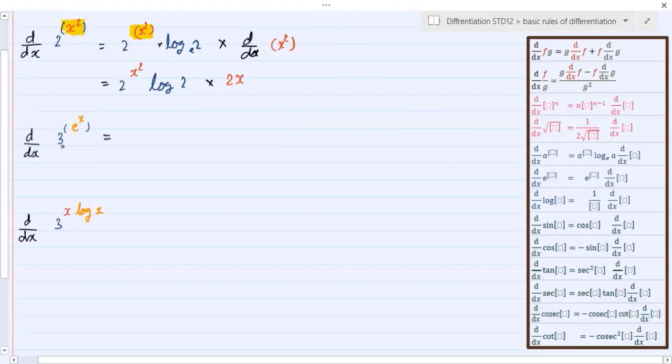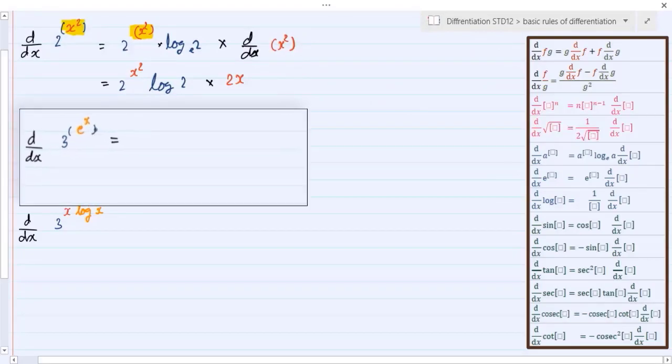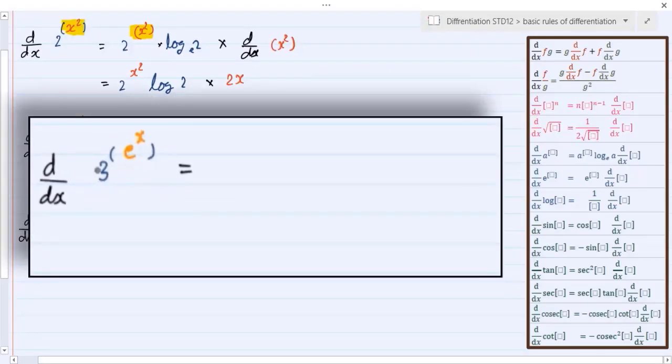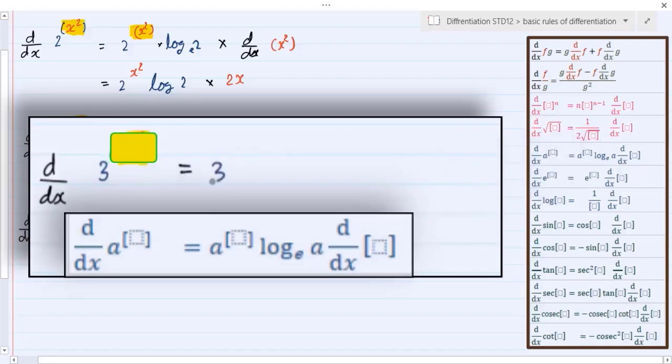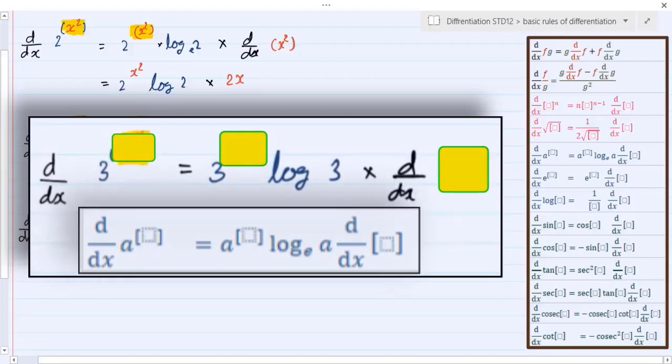Similarly, let's try to solve the next question. We have differentiation of 3 raised to e raised to x, and to get the differentiation we have to consider a box around the inner function, which is e raised to x. So just focus on differentiation of 3 raised to box, which is 3 raised to box log 3 into differentiation of box.